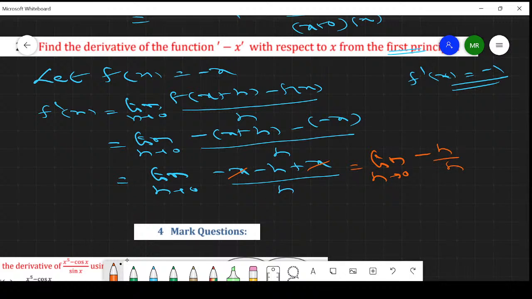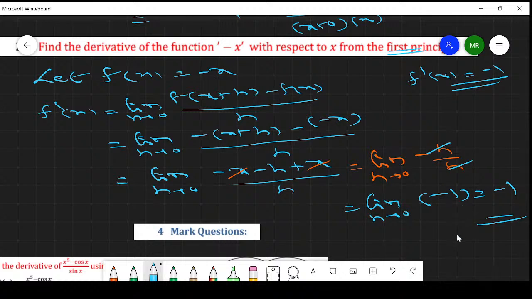Minus h by h cancels, so it will be limit h tends to 0 of minus 1. The limit of a constant is the constant. As I told previously, we should get minus 1 only. Using first principle, we got minus 1, that will be your answer.